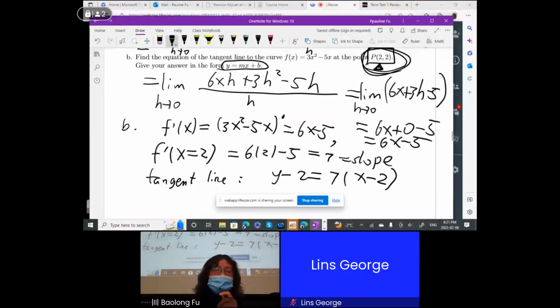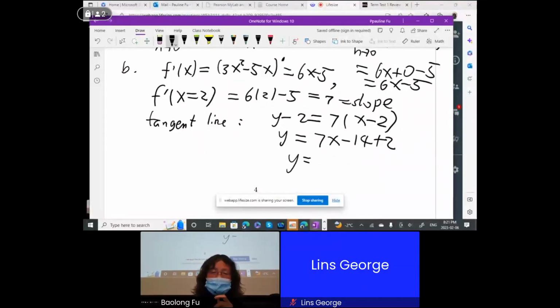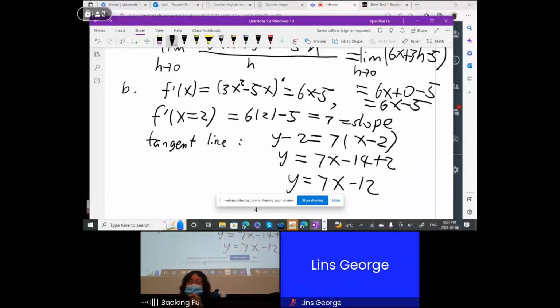But the question asks you in the format y equals mx plus b. So you need to move 2 over to the right hand side: 7x minus 14 plus 2. y equals 7x minus 12. That is the final answer. The tangent line.